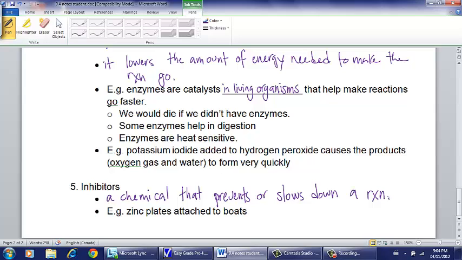For example, people often attach zinc plates to boats because boats are in water all the time and they don't want them to rust, and zinc will attract the rust to it and keep it away or slow it down from happening on the rest of the areas.